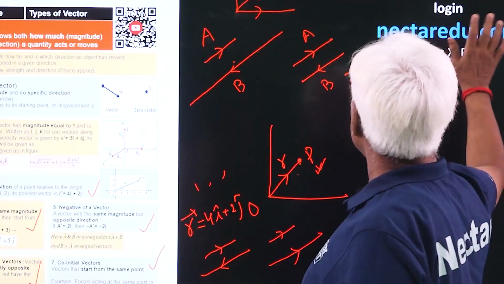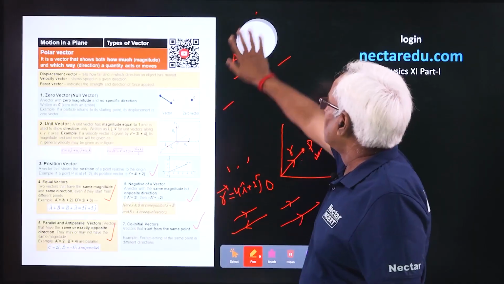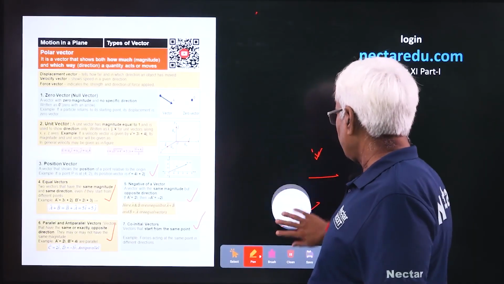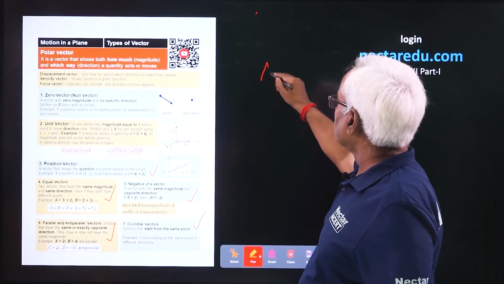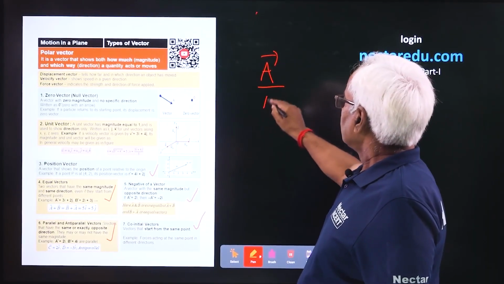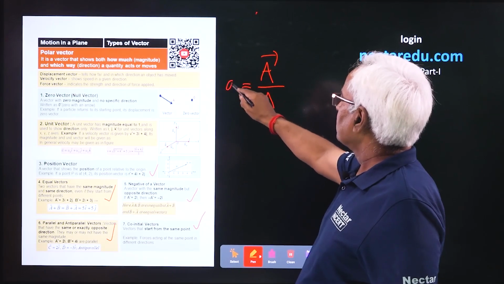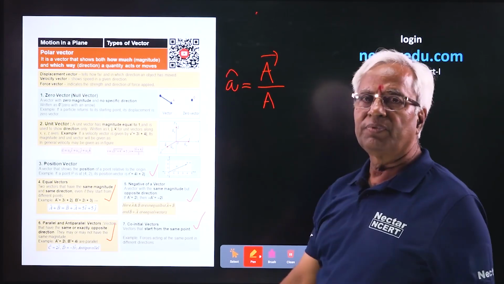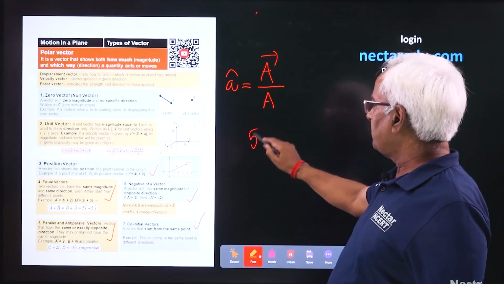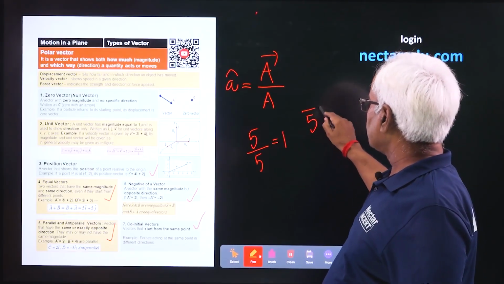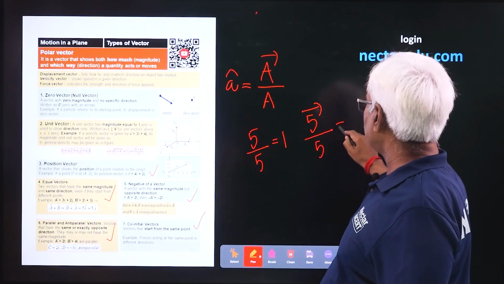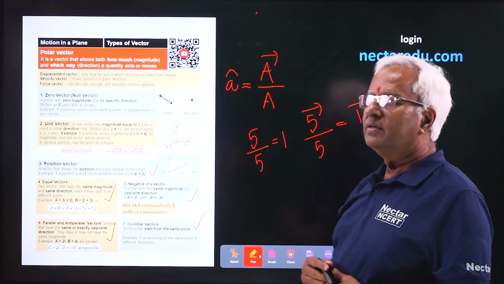And now what remains to be discussed is only the unit vector. You see, any vector having the magnitude 1 shall be known as unit vector. This is the way. Because when 5 divided by 5, you get 1. And the same thing if it is vector 5 divided by 5, this is vector 1.